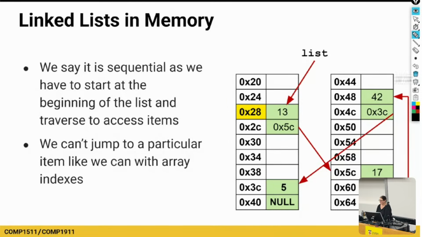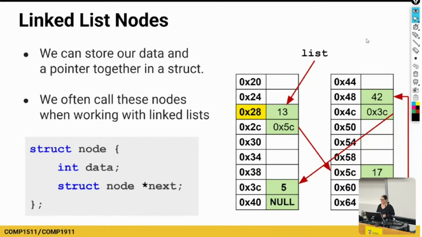Actually, I'll move to the next slide. So it actually stores structs, and we often call these structs nodes. So your linked list will know the address of the first node in the list. And that first node and all the nodes will have some data in there. Now, in the list we look at today, we'll just be using ints because they're easy.